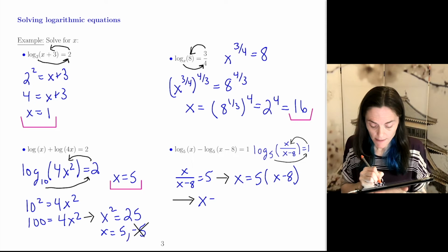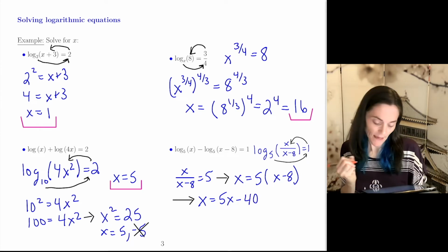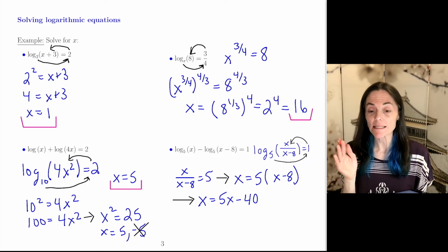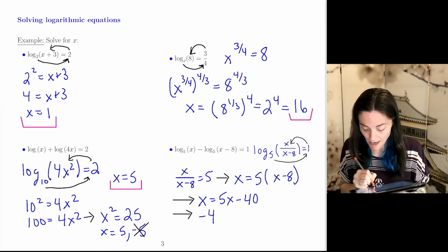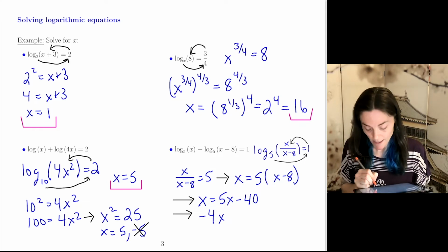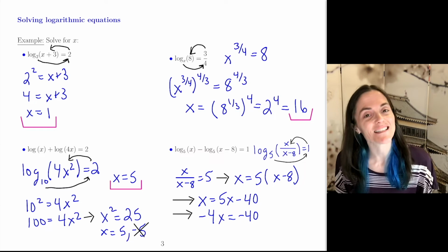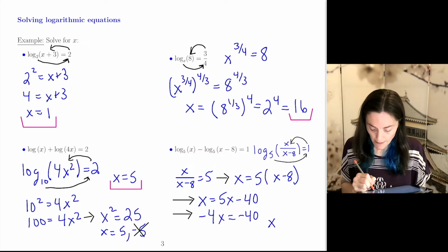We will have x equals 5x minus 5 times 8, which is 40. Now we're in really great shape. In fact, we're almost done with this problem. I can just subtract 5x from both sides. x minus 5x is negative 4x. This will equal negative 40. And the only thing left to do is divide by negative 4. And I have my final answer.